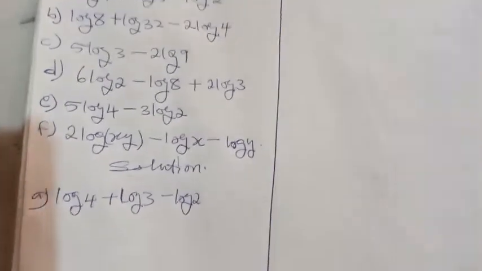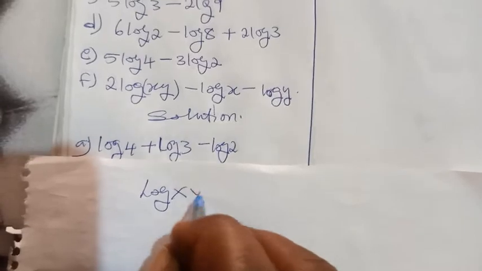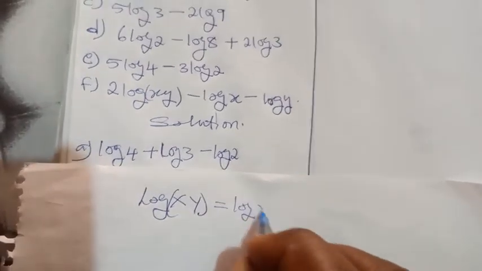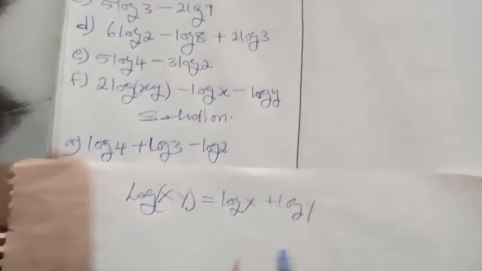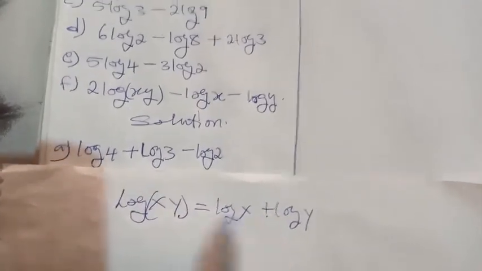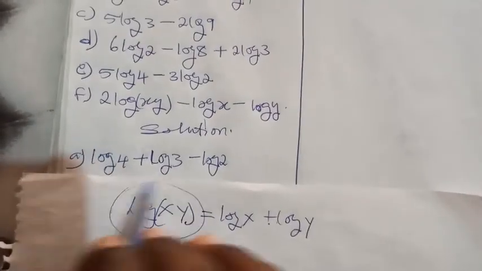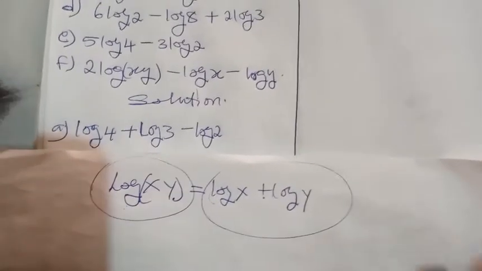Let me state the laws here quickly. log xy is always equal to log x plus log y. So I can change this back to this form or this to this form, but this is now a single logarithm. This is split into these individual logarithms, so you can add them together.